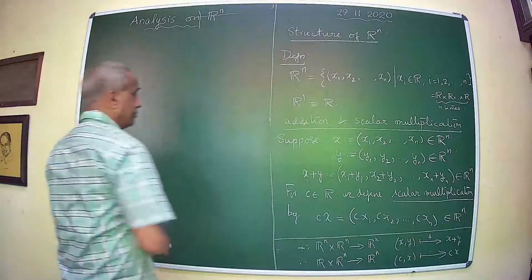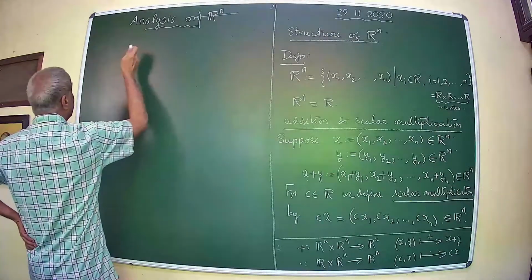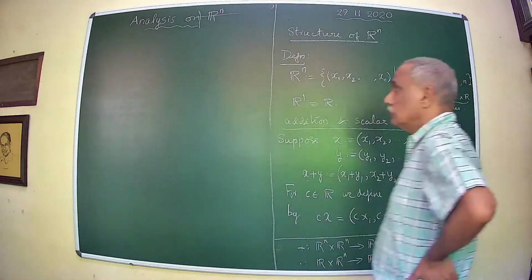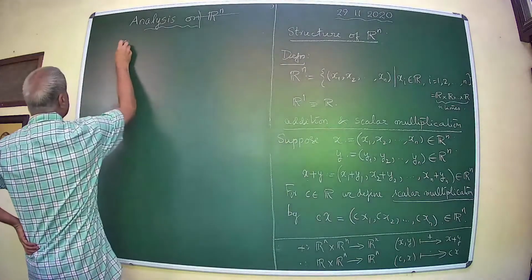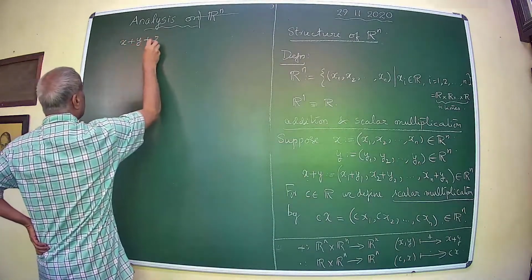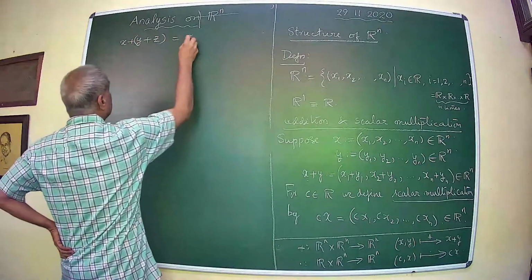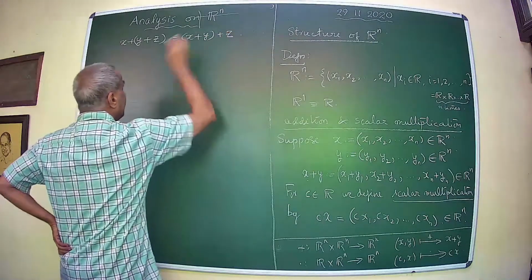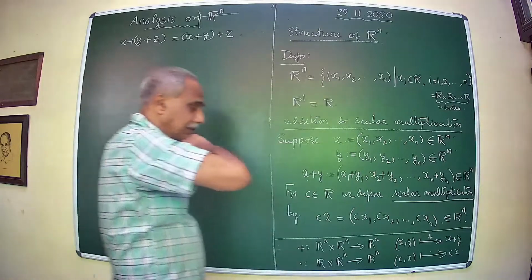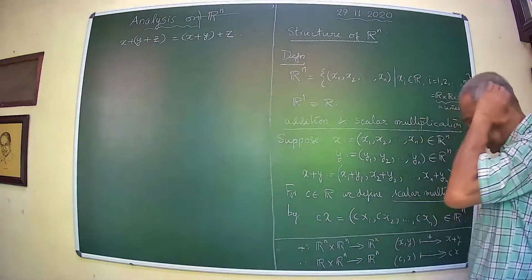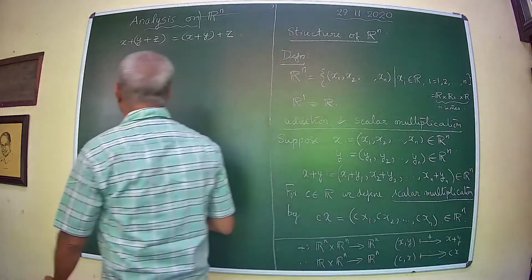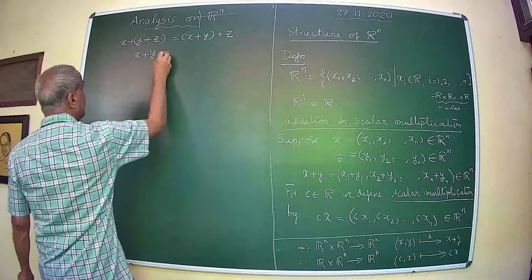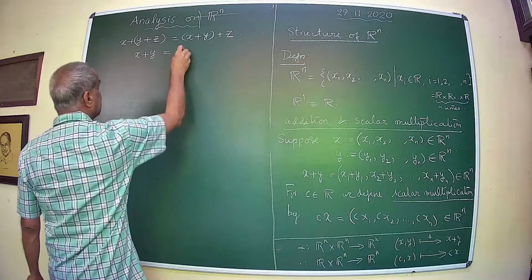Now what do we have? Observe that addition is an associative operation, which means x plus y plus z equals x plus y plus z with the brackets placed differently. This you can easily verify, using the corresponding properties of addition in R. Then you have x plus y equal to y plus x.